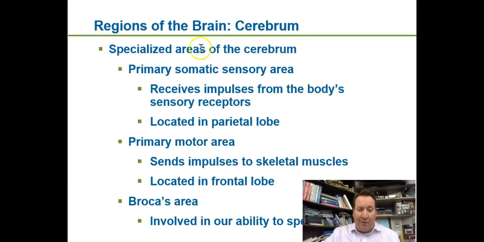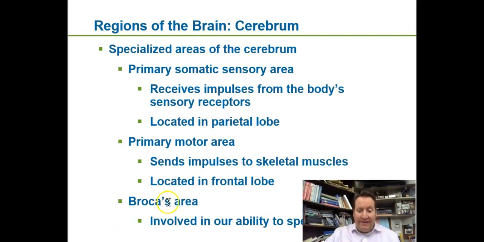This is where we're going to process that information. And then we have our primary motor area, which is going to stimulate skeletal muscle. This is the area where we process information to stimulate our skeletal muscle.